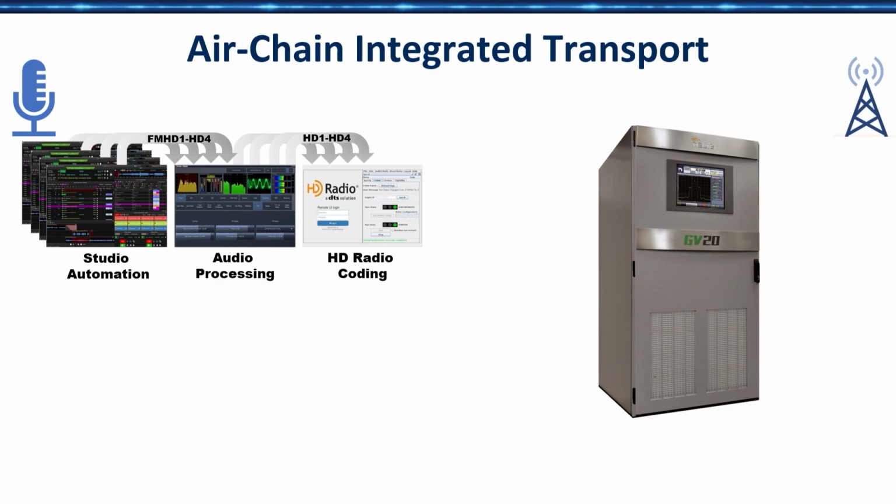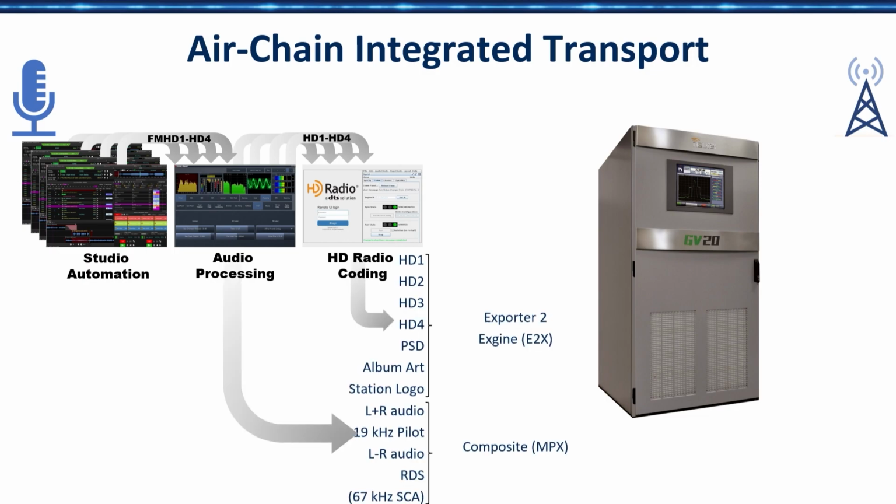The key of the whole concept here, as we're talking about the IP link, is that we wanted to come up with a transport protocol that carries the entire modulation. Like I said before, we want one Ethernet jack to carry the entire content, or ideally two. So if you look at the protocols involved today, on the bottom we have composite MPX. It's already carrying several services, if you want to think of it like that: left plus right, pilot, left minus right, RDS, potentially subcarrier modulation.